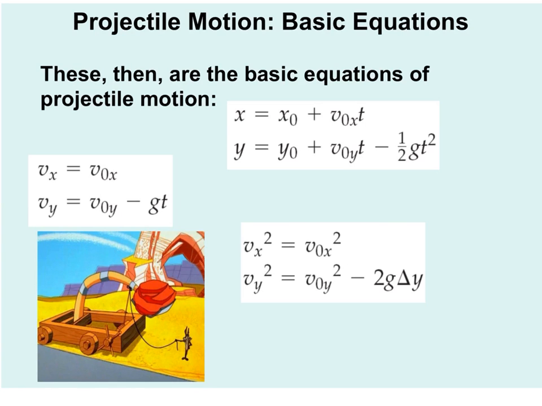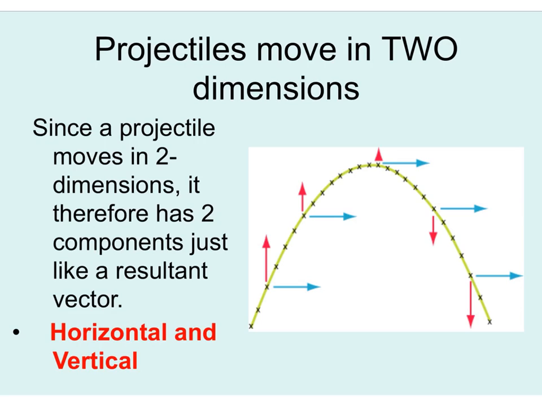So here we have a diagram of a projectile, and as you can see, it moves in two dimensions, and so it's going to have components like a resultant vector. It's going to have the horizontal component, and it's going to have the vertical component.